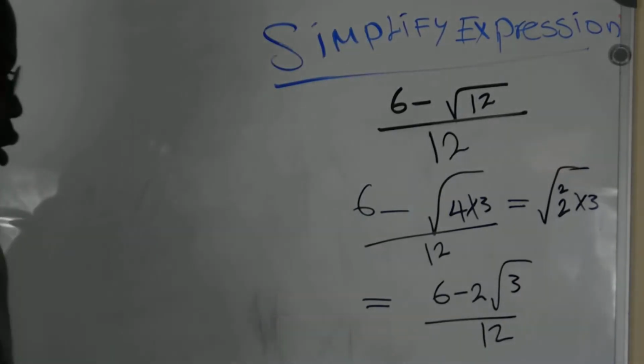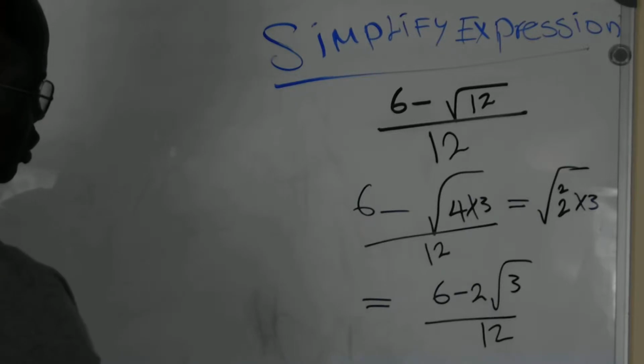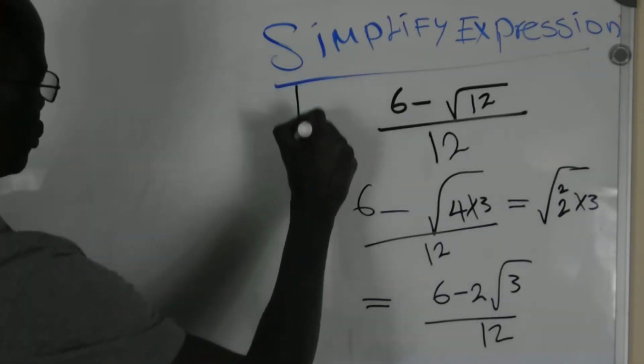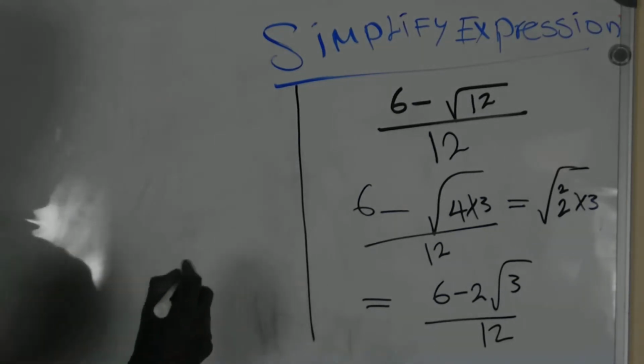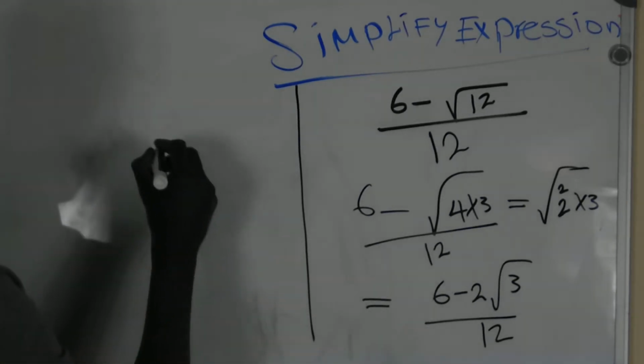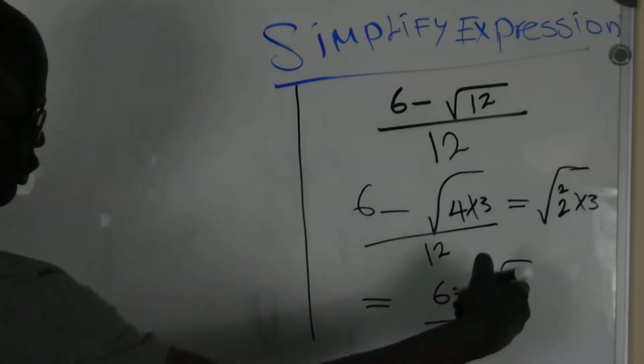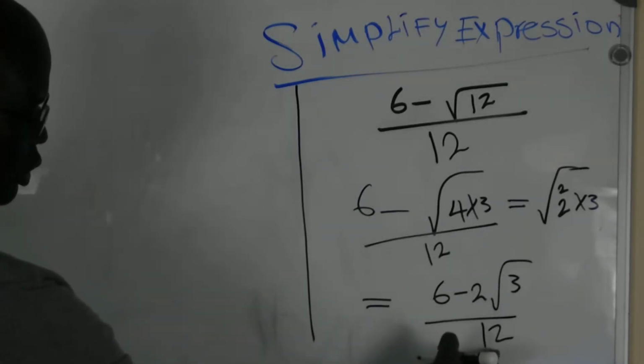So as you can see, what we have right now is 6 minus 2 root 3, all divided by 12.